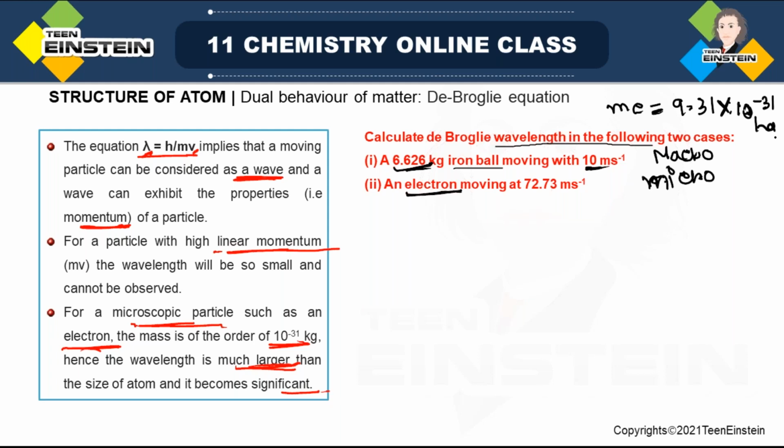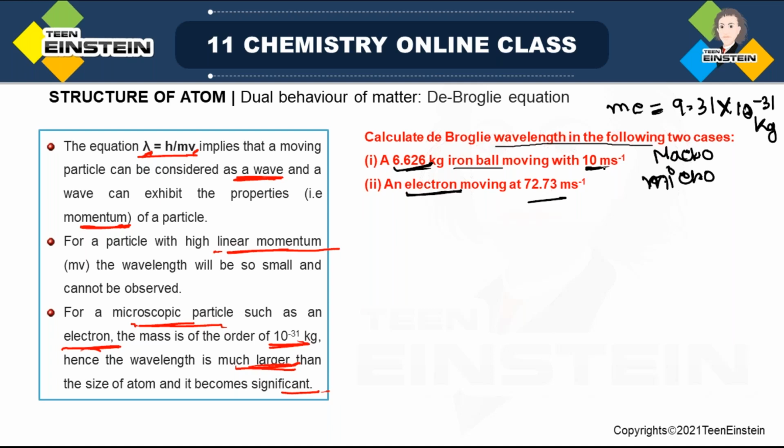So see how different it is from the mass of the iron ball. And velocity is 72.73 meter per second. It is slightly higher than 10, obviously different, but the variation is not so high. But if you look at the value of mass, the difference is really very high, right?